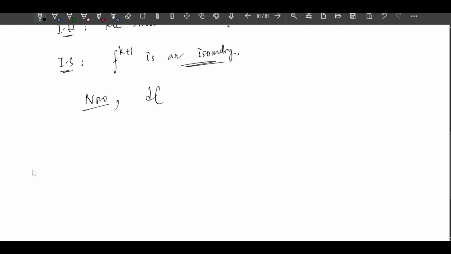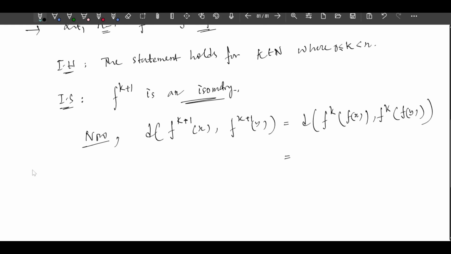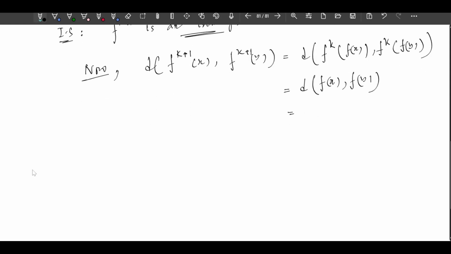Now distance of F to the power k plus 1 of x comma F to the power k plus 1 of y, we can write this as distance of F of x comma F to the power k of F of y, right? Since F to the power k is an isometry by the induction hypothesis, this equals distance of F of x comma F of y.